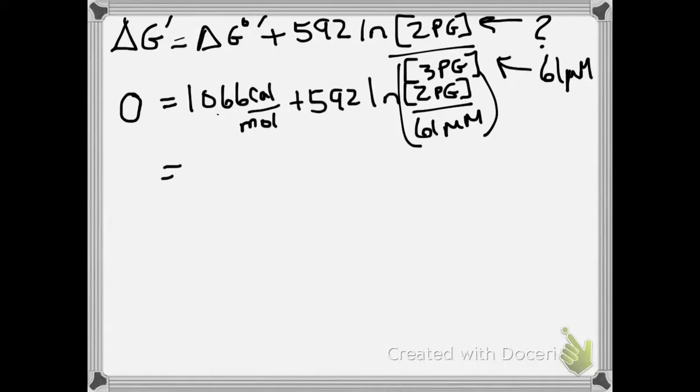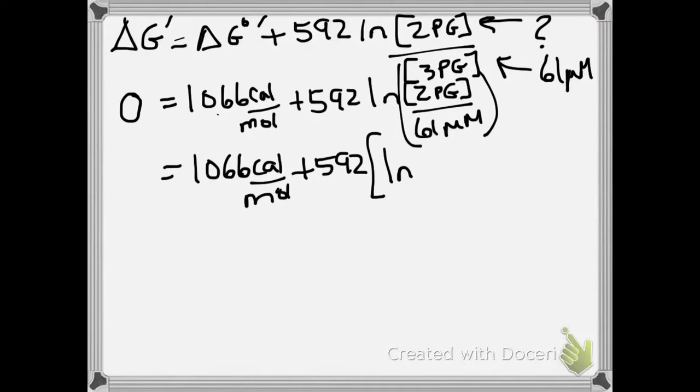If you don't remember, that's why I'm showing you now. We have 1066 plus 592. Now look what happens to this equation. We take the natural log of the top and we subtract the natural log of the bottom.